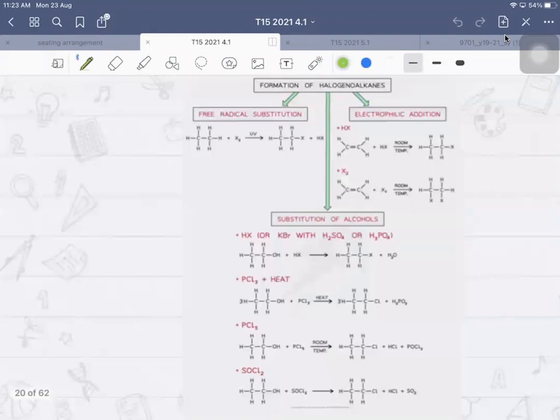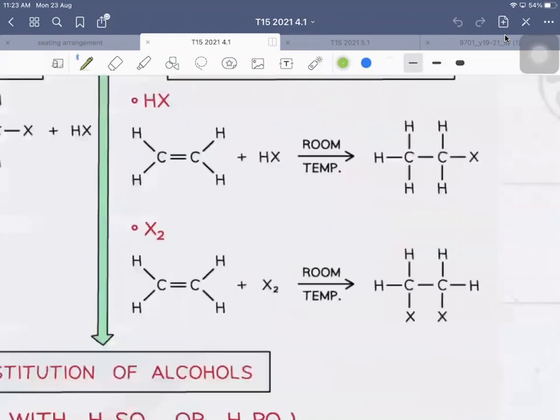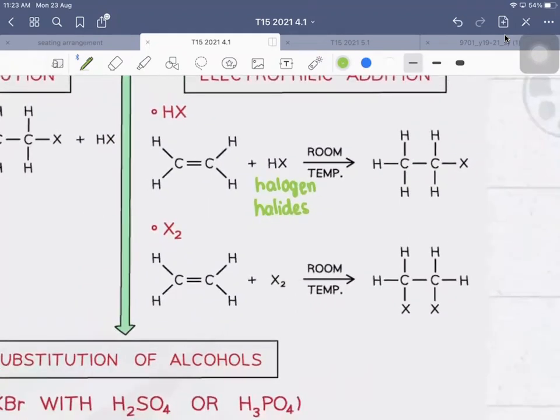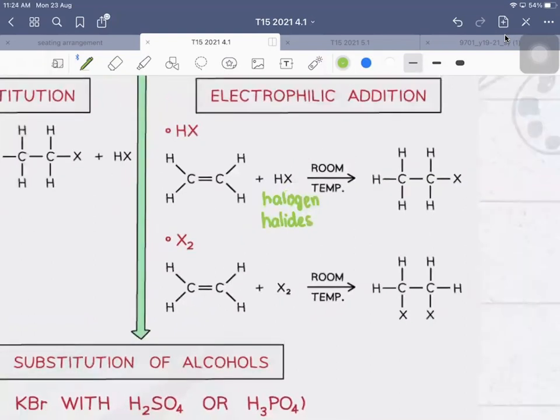HX is called a hydrogen halide, right? The H stands for the hydrogen, and the X is the halogen. Okay, so there's no special condition for this reaction. You just need room temperature and you leave it to react. So that's how reactive alkenes are compared to alkanes.